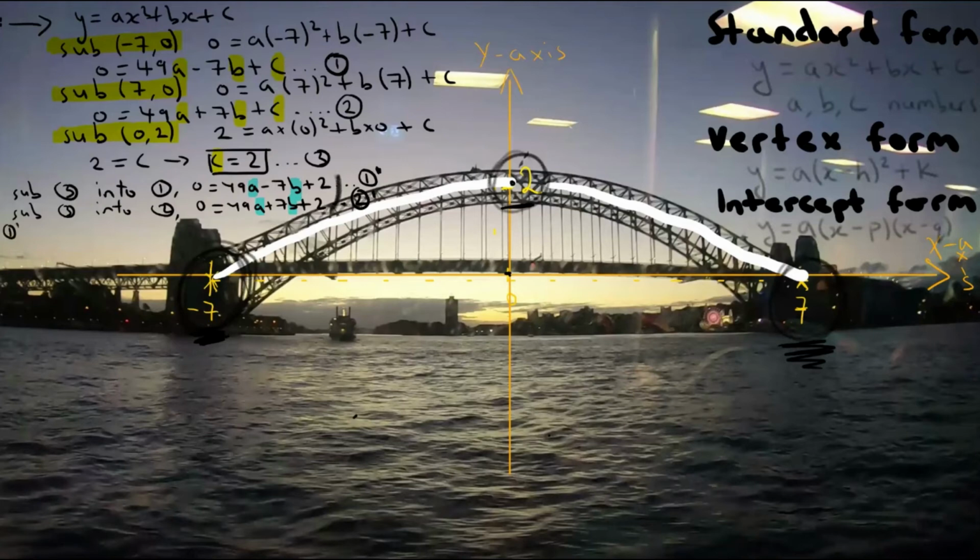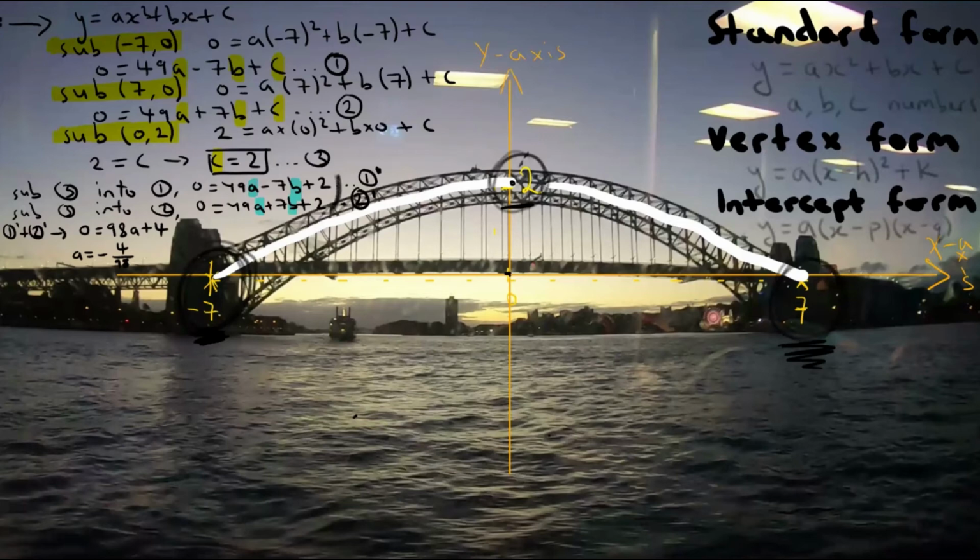So we go 1 prime plus 2 prime, and we add these 2. Of course, on the left hand side if we add we just get 0 plus 0, 0. 49a plus 49a, we get 98a, minus 7b plus 7b, they cancel, so we get 0, 2 plus 2 we get plus 4, and therefore, rearranging this, we get a is equal to, take 4 to the other side, minus 4, and divide both sides by 98, we get minus 4 over 98.